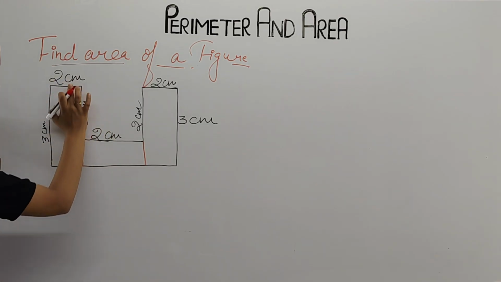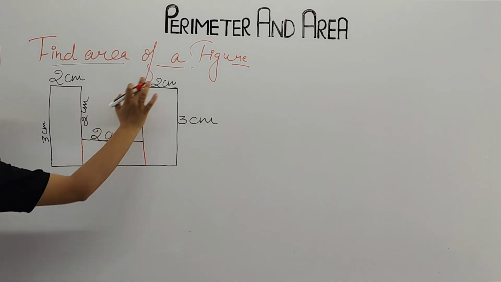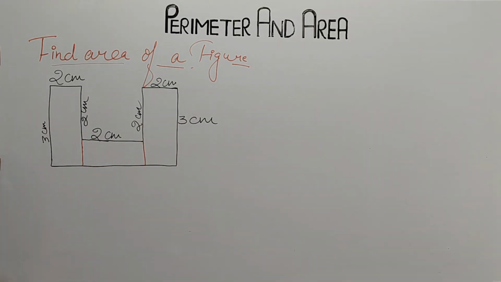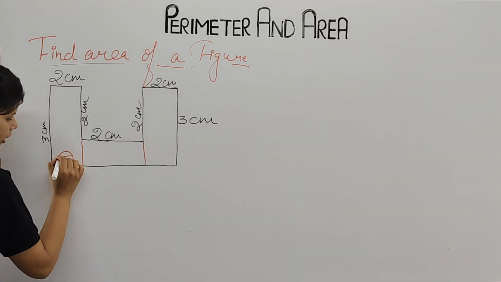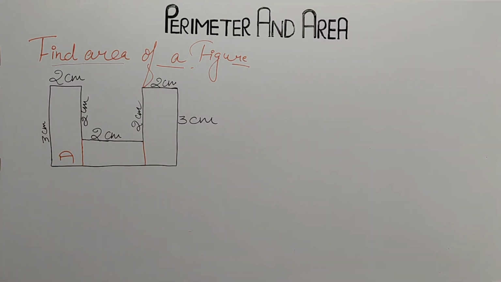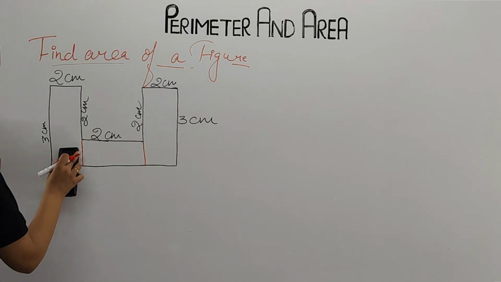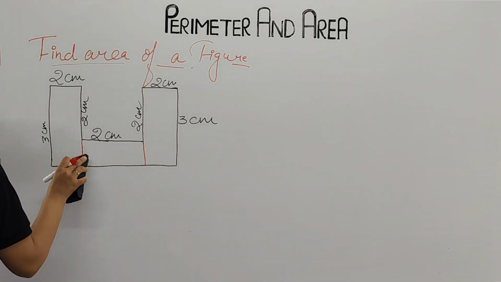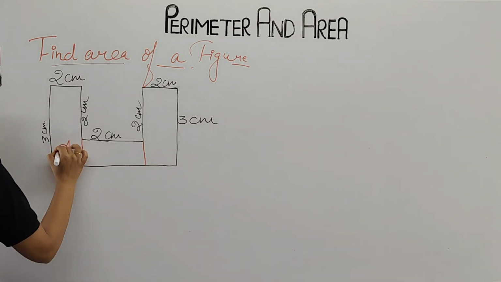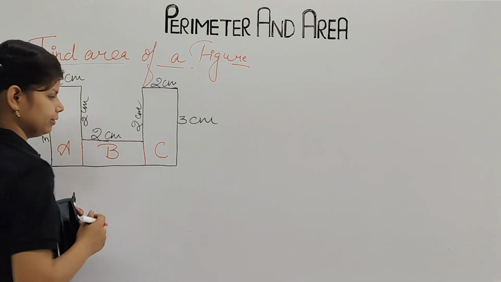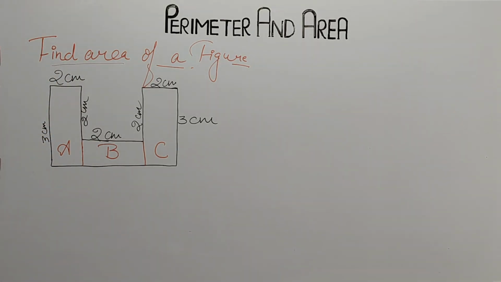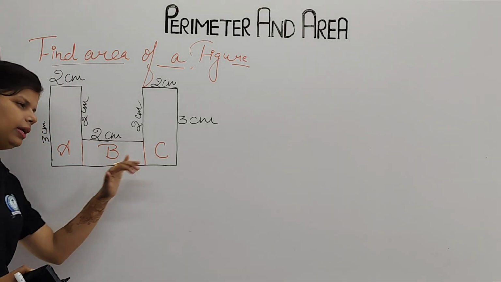Now, this will be a rectangle, this will also be a rectangle, and this will be too, and they have different sides. Here, this will be your part A. This will be your part B and this will be your part C. Clear? These are all your part A, part B and part C.